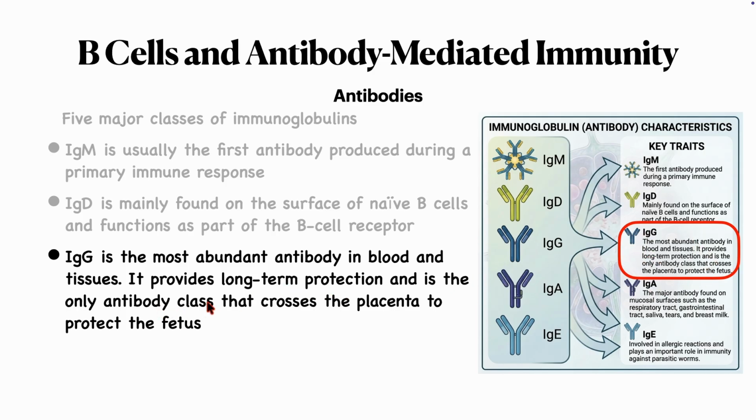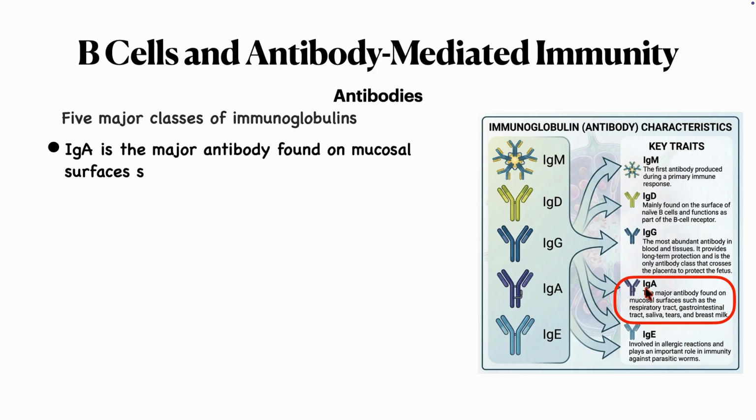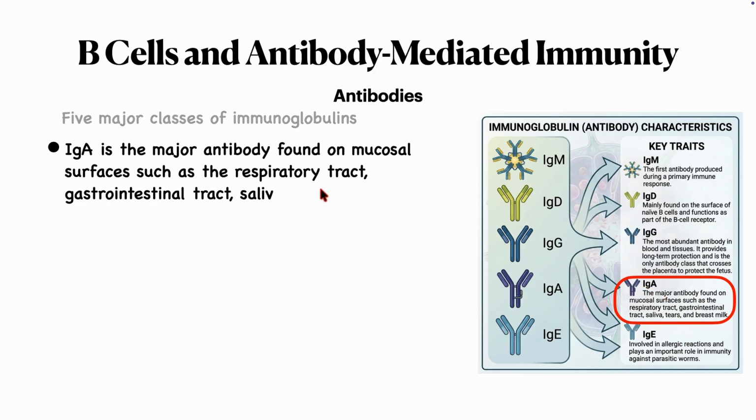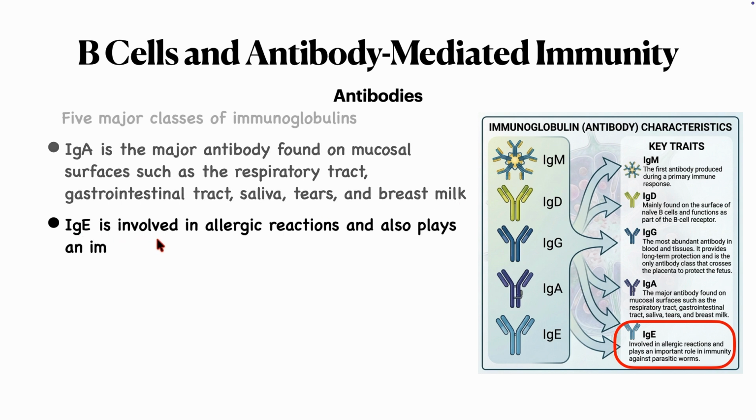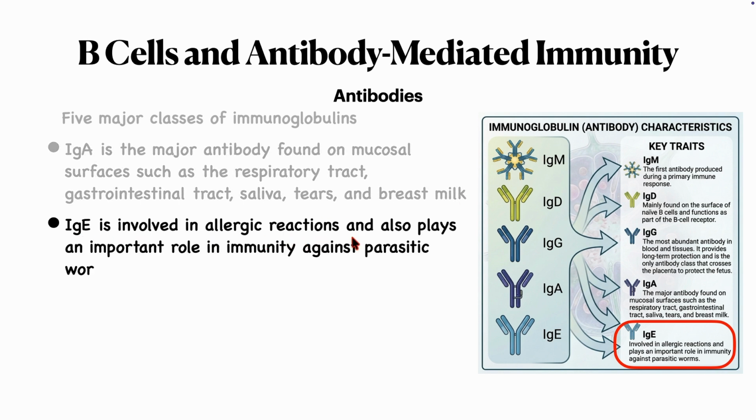It provides long-term protection and is the only antibody class that crosses the placenta to protect the fetus. IgA is the major antibody found on the mucosal surfaces such as the respiratory tract, gastrointestinal tract, saliva, tears, and breast milk. Finally, IgE is involved in allergic reactions and also plays an important role in immunity against parasitic worms.